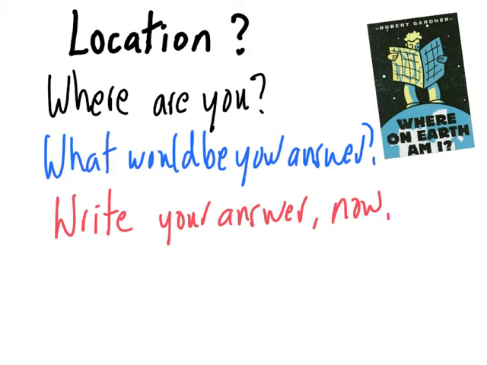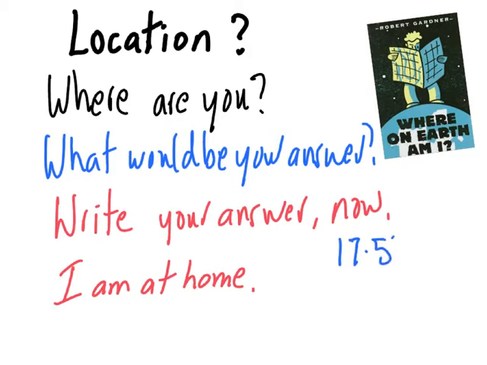I think most people would say something like, I am at home, or I am at work, or I am on lower campus, or I am at the shops, or I'm at the cinema. I can't imagine many people would say something like, I am at 17.5 degrees south, 178.7 degrees east.